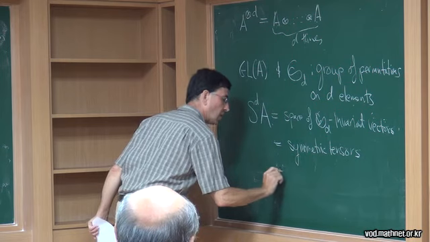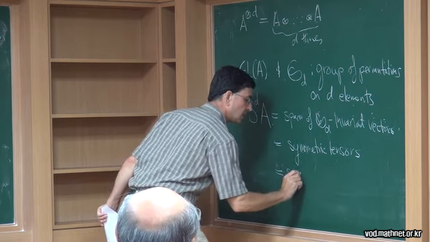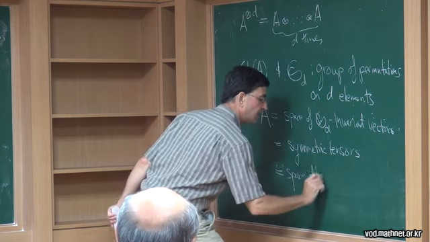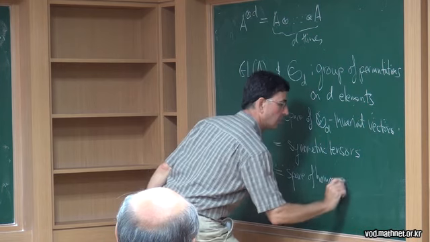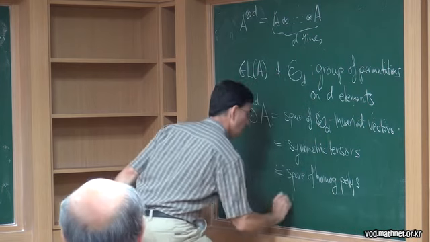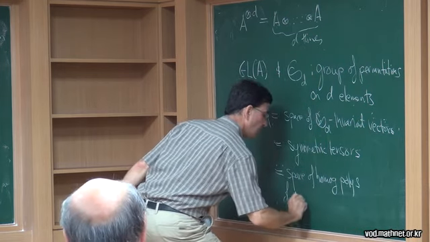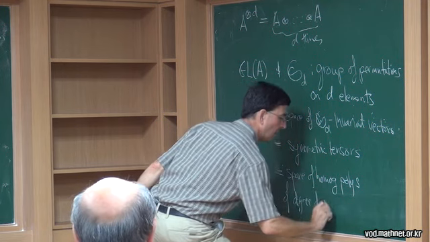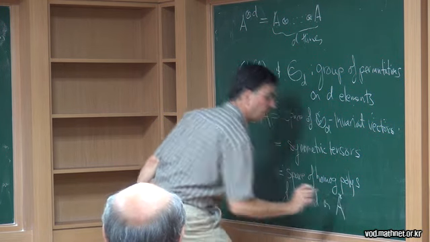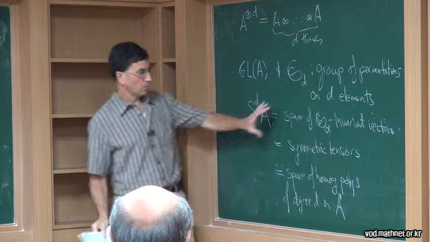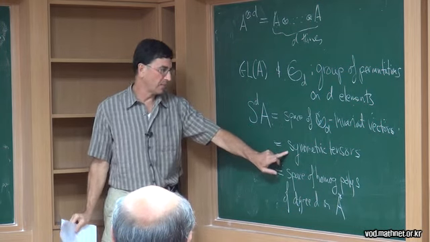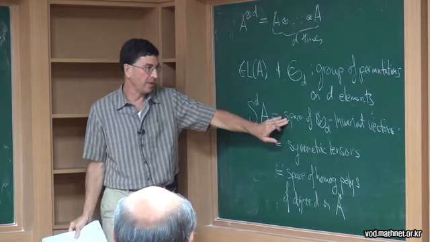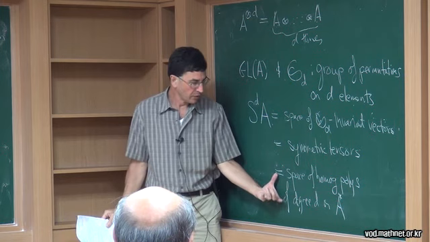And this is also the space of homogeneous polynomials of degree d on the dual space of A. So the fact that something is symmetric is the same as it being invariant under permutations.